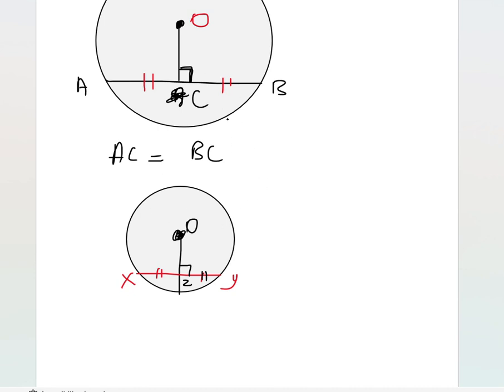Okay. So let's have an example on how we can apply this. Suppose we are given a circle and a chord, and we've got a line here. Let's say this is A and this is C and this is O. Now the radius AO is 5.